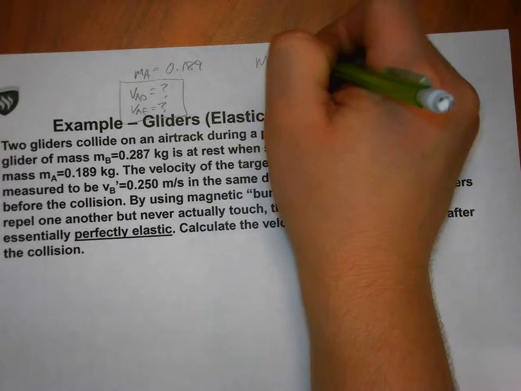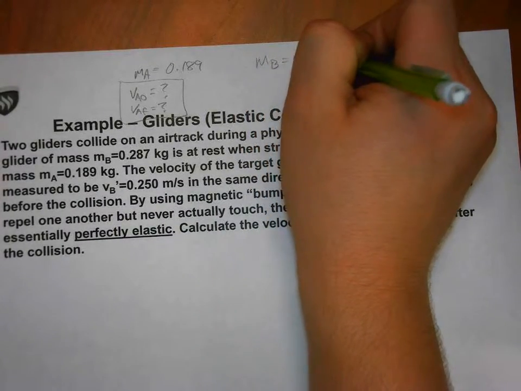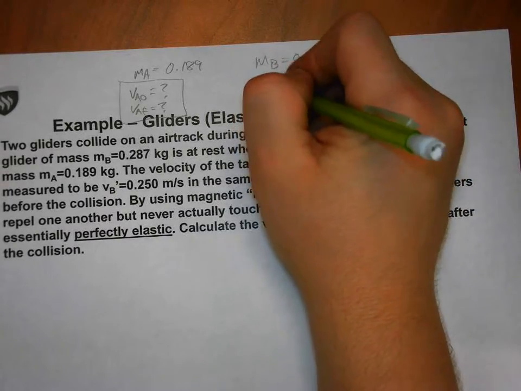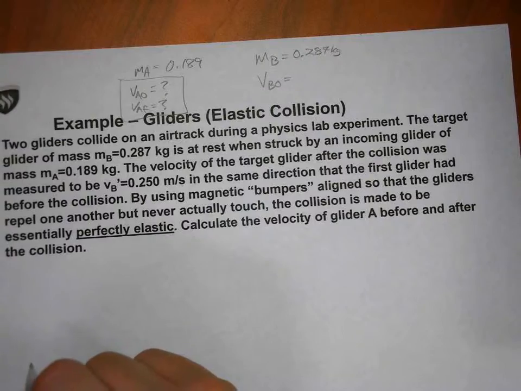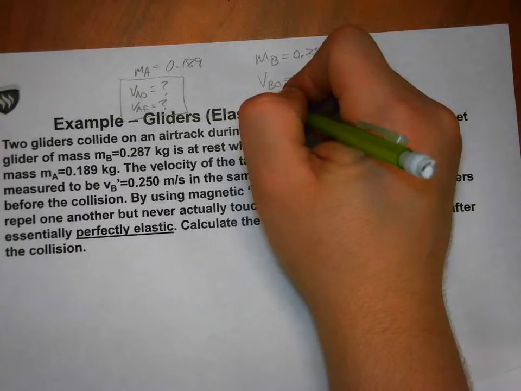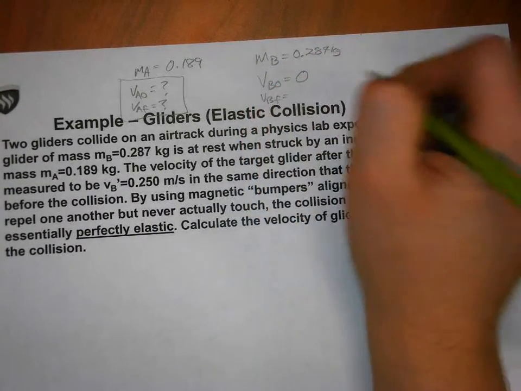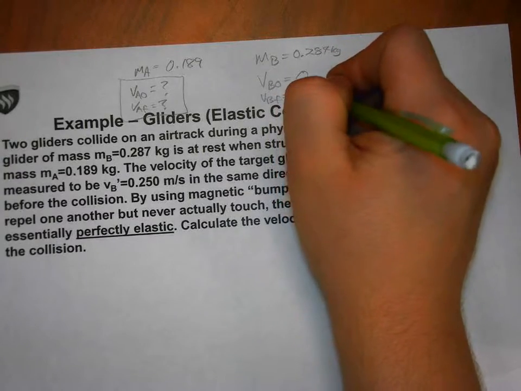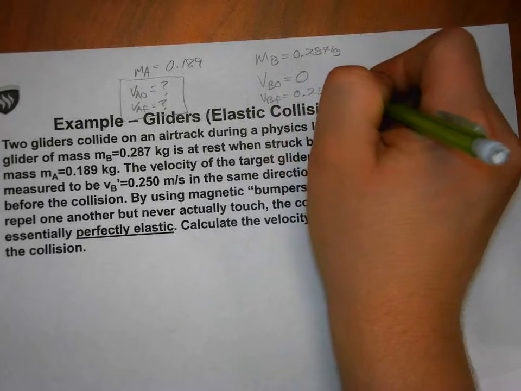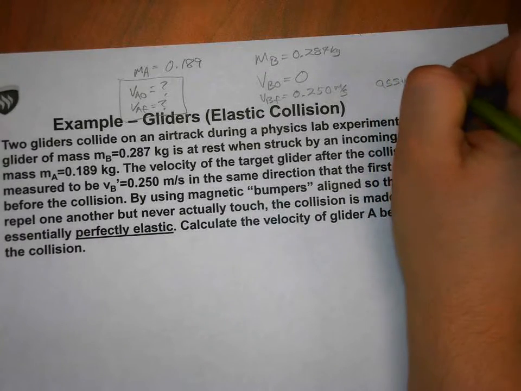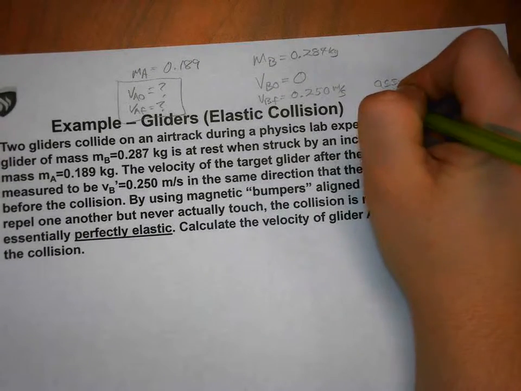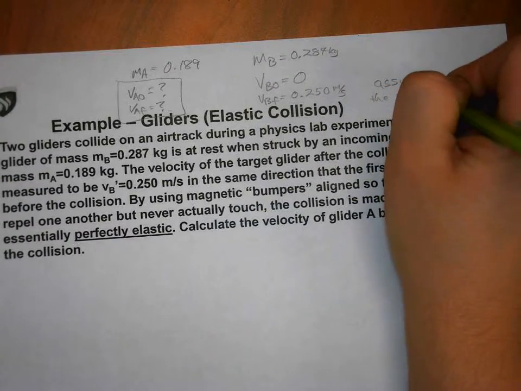MB is equal to 0.287 kilograms. VB initial equals, well, it's at rest, so it equals 0, and VB final equals 0.250 meters per second. And we will assume in the positive x direction.